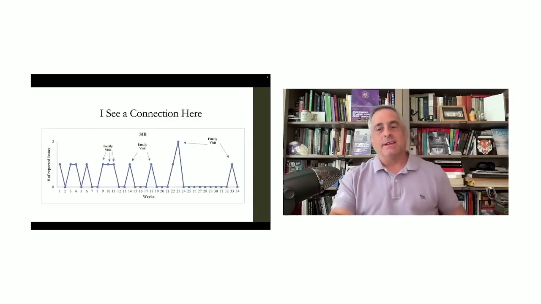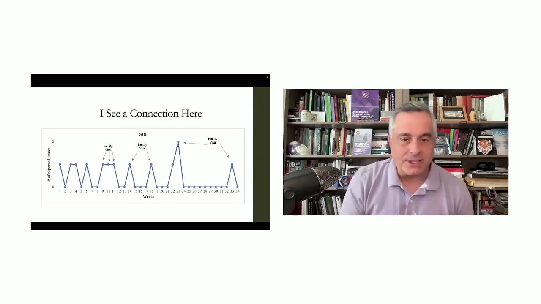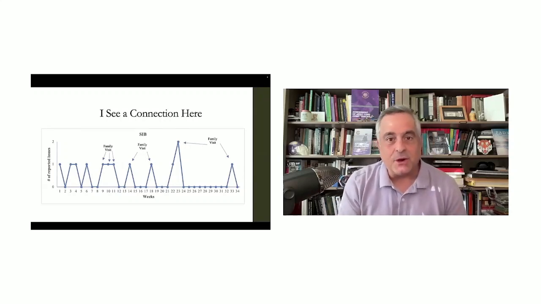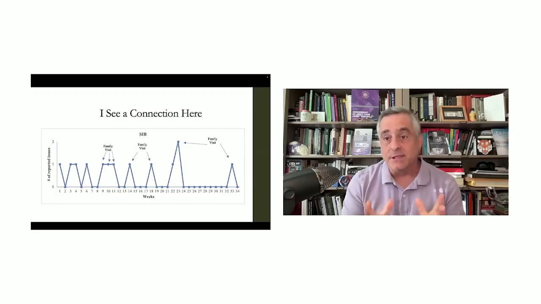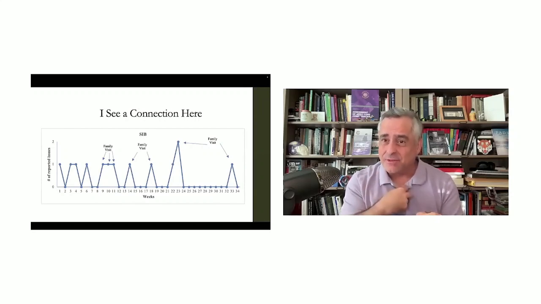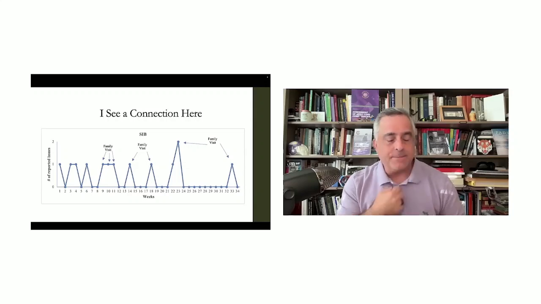We started to look at the data in this case, and here's what we found. These are instances of what we call self-injurious behavior, but essentially it's pica. She's swallowing batteries or other sharp objects, sometimes glass, buttons off of her jacket, a lot of things that are very, very dangerous.